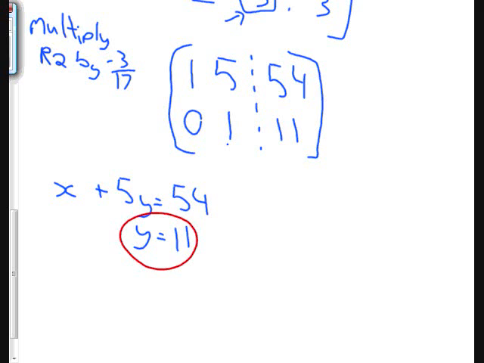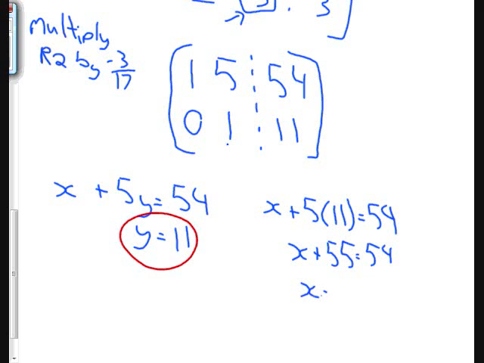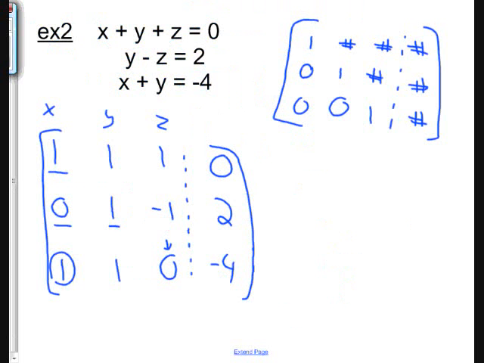We have x plus 5 times 11, so x plus 55 equals 54. X equals negative 1.